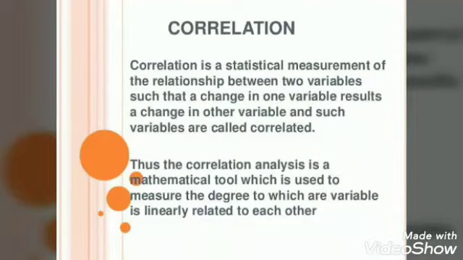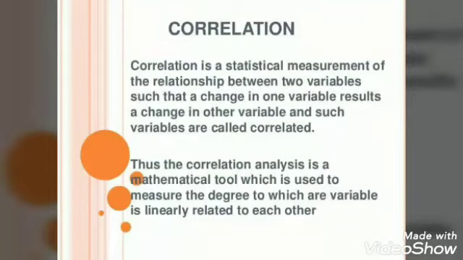So correlation is a statistical measure of the relationship between two variables, such that a change in one variable results in a change in the other variable, and children, such variables are called correlated.